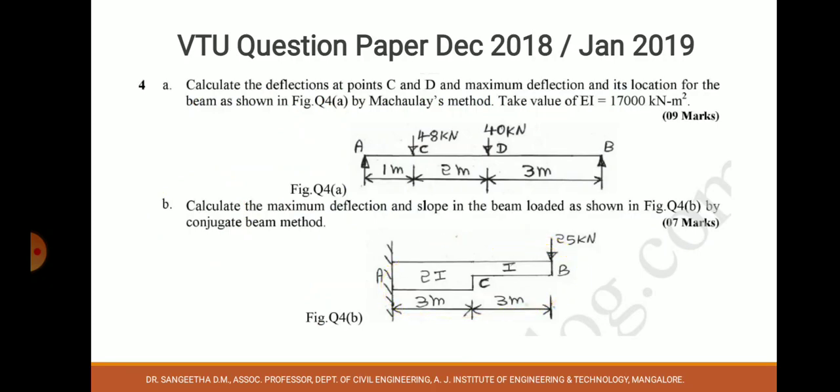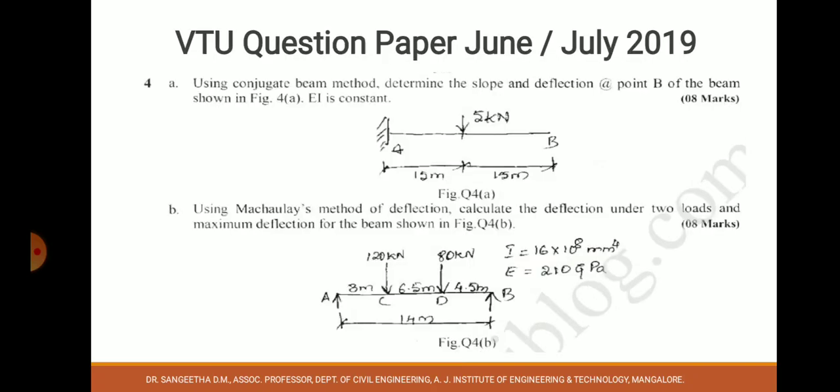The first problem which we have just now solved is almost similar to this one. Using conjugate beam method, determine the slope and deflection at point B of the beam shown in figure below. So here the cross sections are not changing, only the cantilever beam subjected to point load at the center. You can calculate the slope and deflection at point B, the free end.